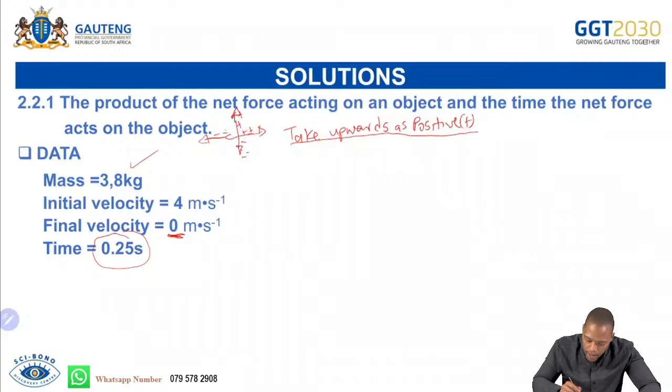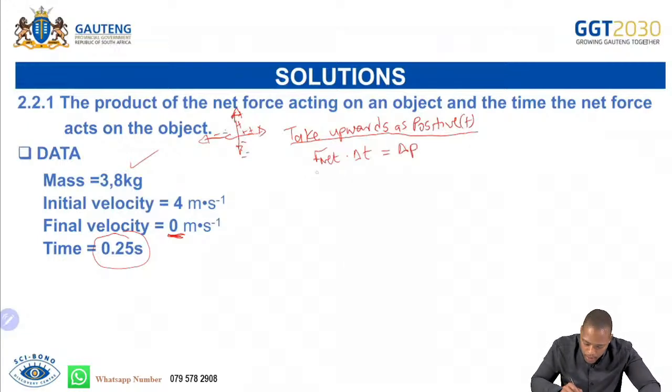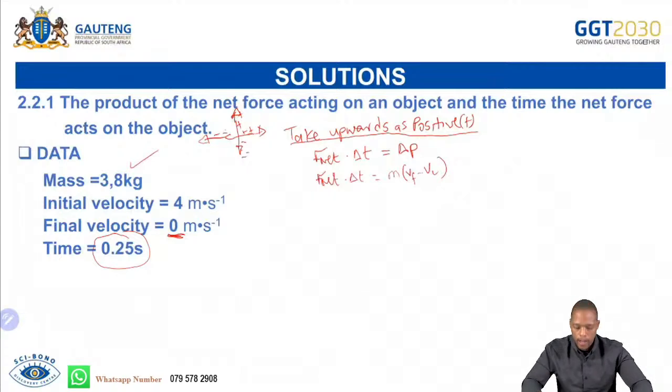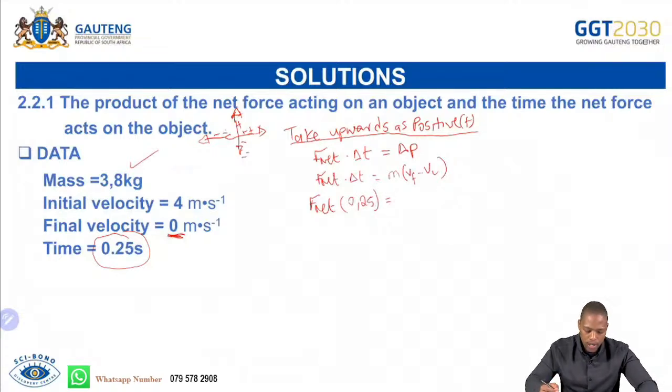Okay, then from there, I would say F net delta t is equal to delta p. And then I expand that. F net delta t is equal to m (vf minus vi). Okay, and then from there, I start substituting. I am looking for the force on the cat. The time it takes is 0.25 equals to, what is the mass of the cat?